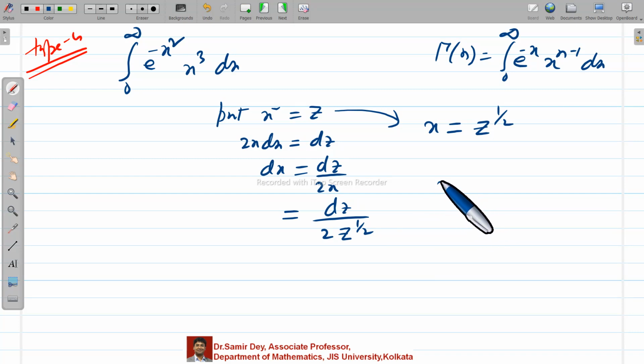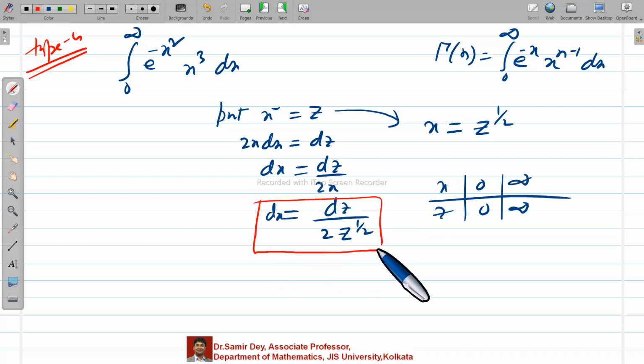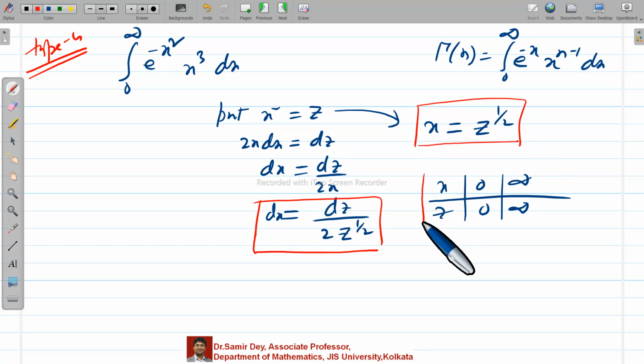Same way you need to replace the variable range also. When x goes to 0, z is also 0. When x goes to infinity, z also goes to infinity. So now you have three relations. In place of dx we may write this one, in place of x we may write this, and from the range part we may replace this one.